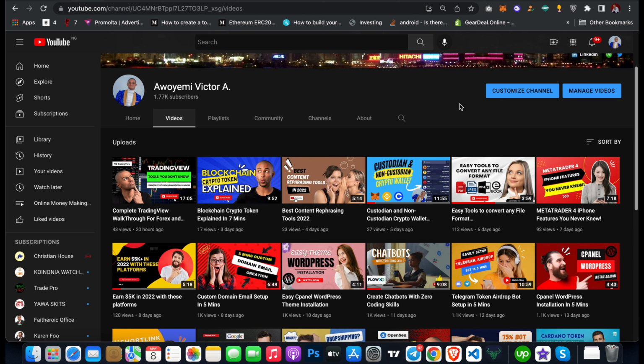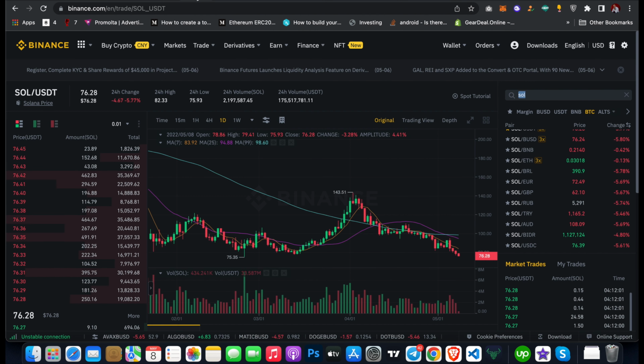So the first thing you need is to choose any decentralized exchange, which is DEX. If you are not familiar with it, a decentralized exchange, also known as DEX, is any type of cryptocurrency exchange that allows for peer-to-peer cryptocurrency transactions to take place online with the use of an order book.